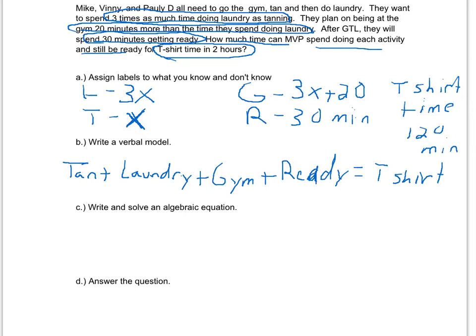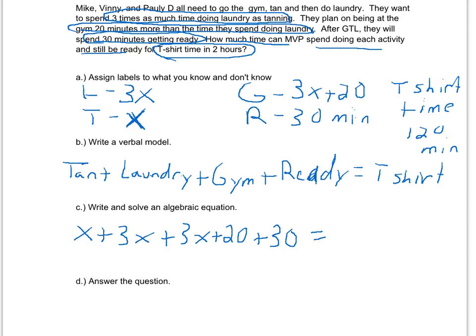So now, write and solve an algebraic equation. This is where my labels come in handy. Instead of tan, I'm going to put in my label for tan, which was x, plus, instead of laundry, my label for laundry, which is 3x, plus my label for gym, which was 3x plus 20, plus getting ready, that was 30.